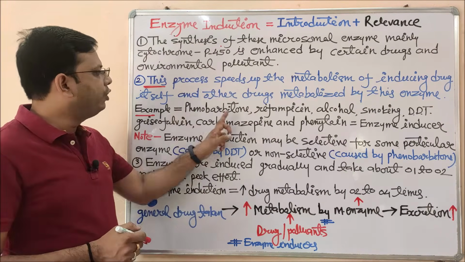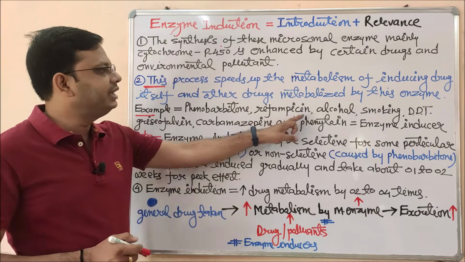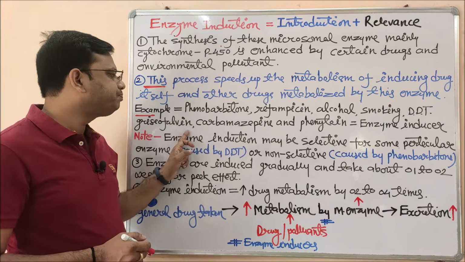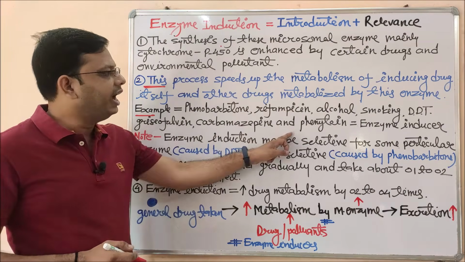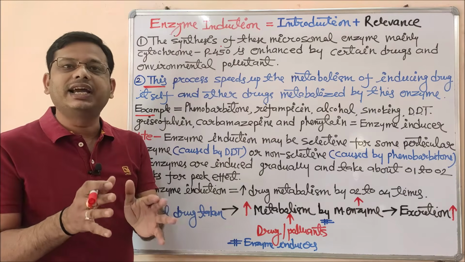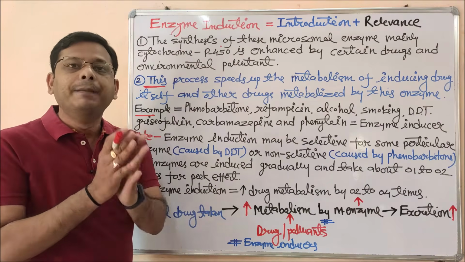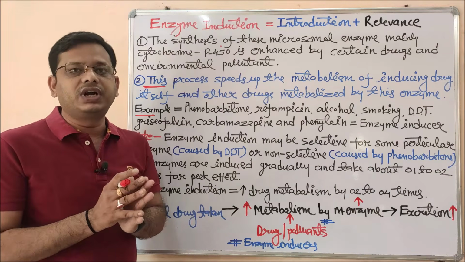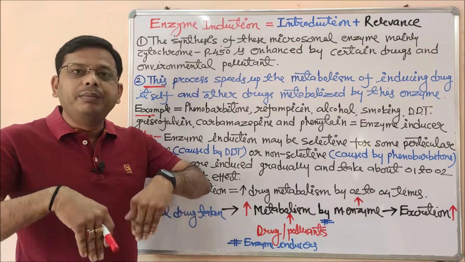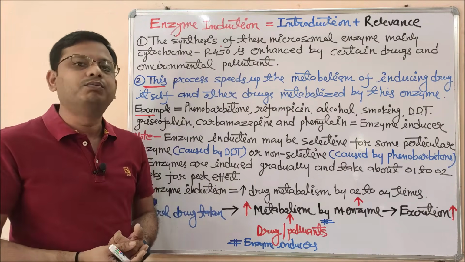Examples of enzyme inducers are phenobarbital, rifampicin, alcohol, smoking, DDT, griseofulvin, carbamazepine, and phenytoin, and they increase the enzyme cytochrome P450, and all those drugs which are affected by this cytochrome P450 enzyme will be boosted from a metabolism point of view.